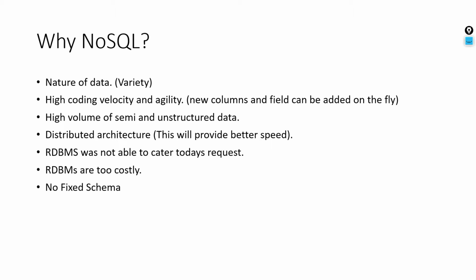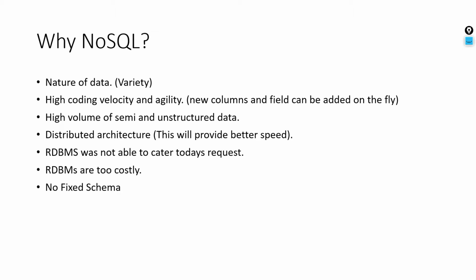And the volume of semi-structured and unstructured data was also growing in size in terabytes and petabytes. So RDBMS was basically not able to handle unstructured data. When I say unstructured data, we're talking about data such as JSON or XML or images or videos, right? RDBMS is not designed to handle such a data load. So that's when the NoSQL database came into the picture.